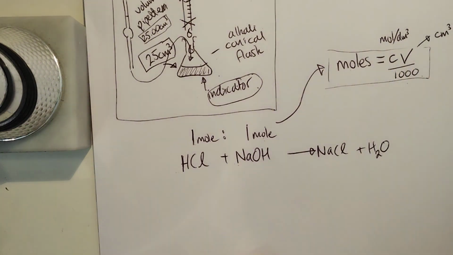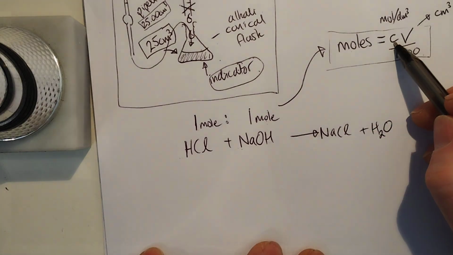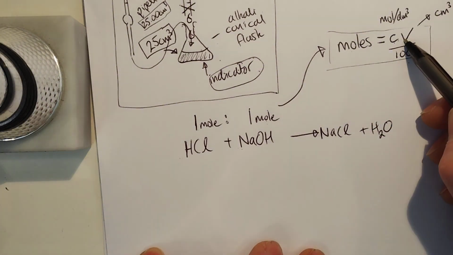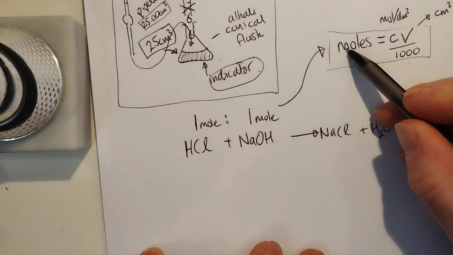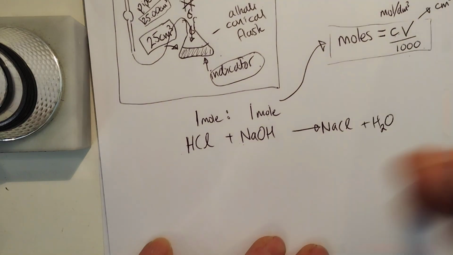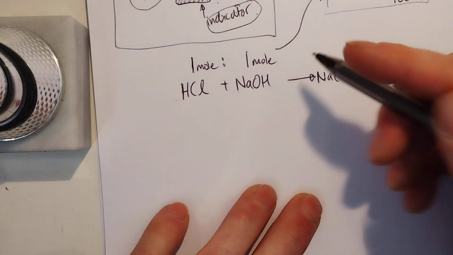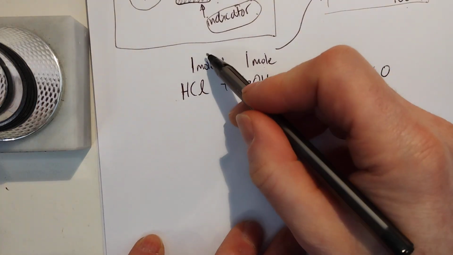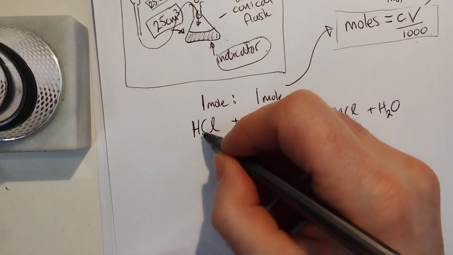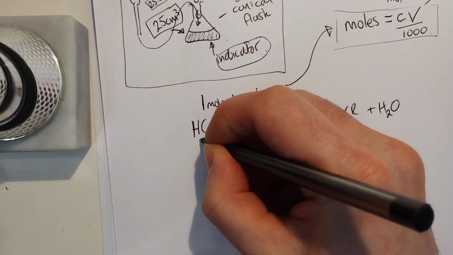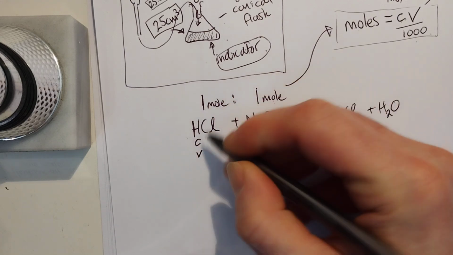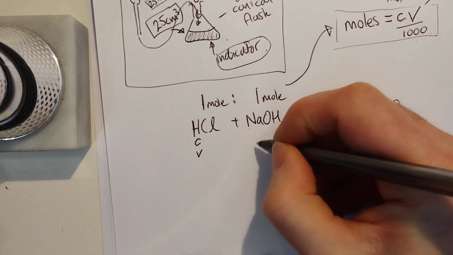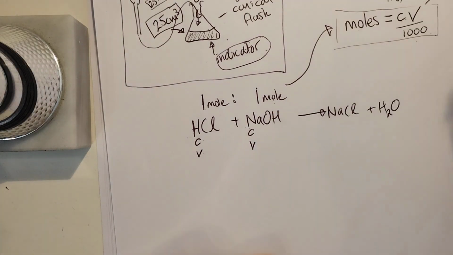So what this means is, if you're given the concentration and the volume of a chemical, you can work out how many moles. So let's go to this little example here, and as soon as we see some worked examples, I promise you this will help. When we've got two solutions reacting together, I promise you in GCSE you will be given a C and a V of one, and you've got to work out a C and a V of another.